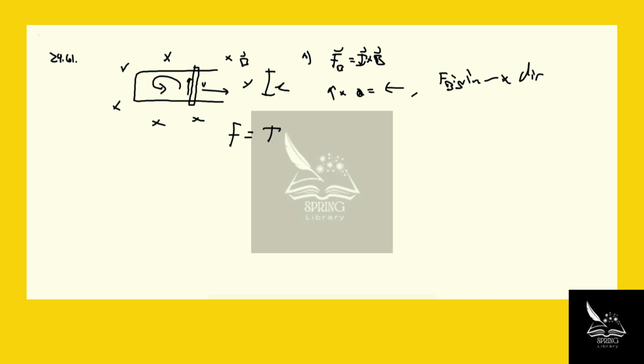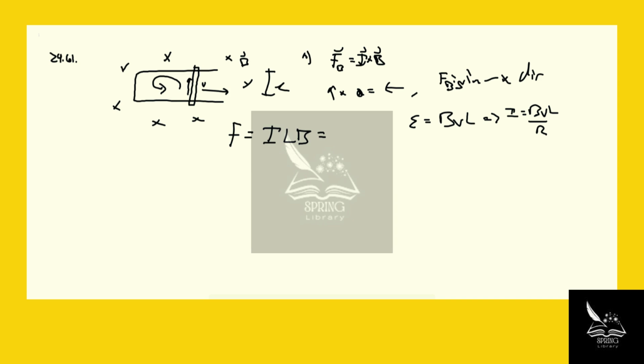We know that the magnitude is given by ILB, because that's just the force on the bar in a constant field. So we can now simplify this a little bit, because we also know that the motional EMF is given as BVL, which means I is BVL over R. Cool.